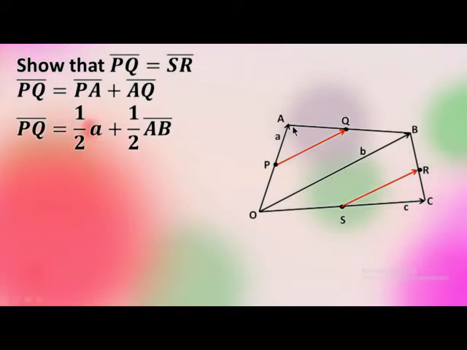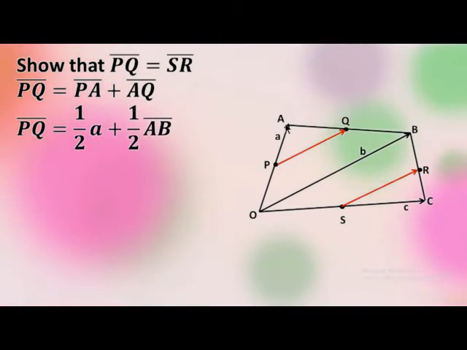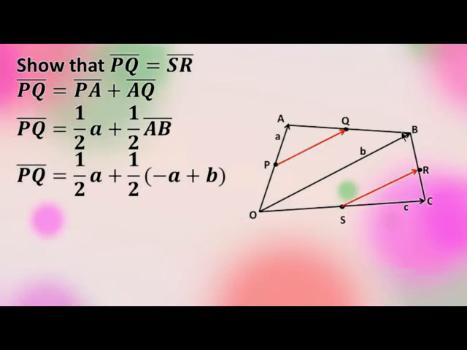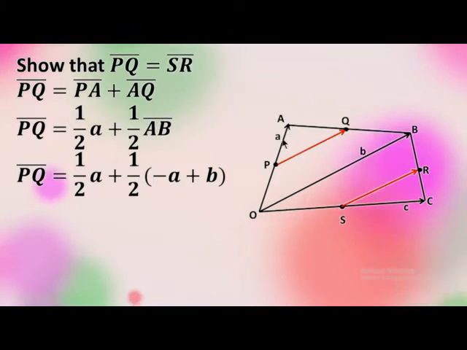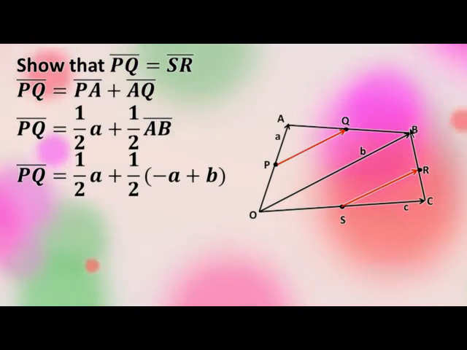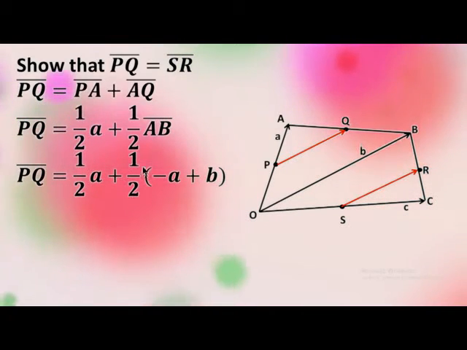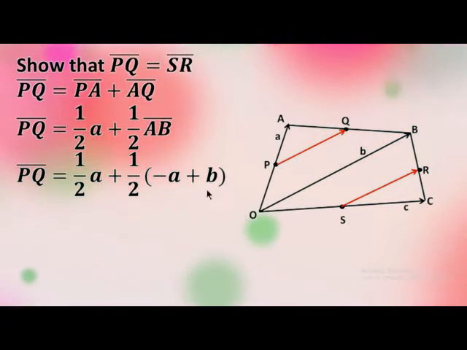Vector AB is a vector resultant of negative A plus B. So now you need to multiply a half with all the vectors here.